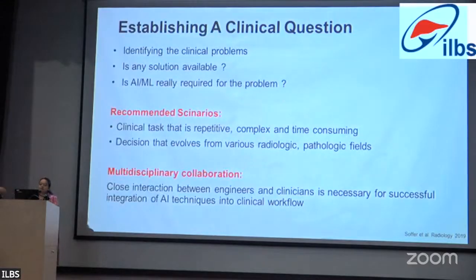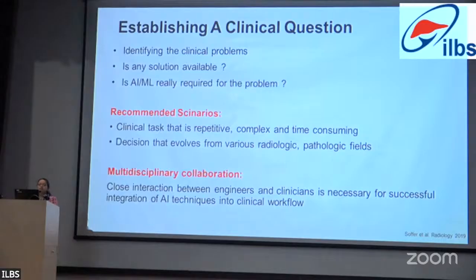First is the formulation of a clinical question. How will we identify a problem? What is the suitability of a clinical problem? Most of the time, when a clinical task is repetitive, complex and time consuming, then we will go for AI. Decisions that evolve from various radiology or pathological fields or other types of signal data are involved in decision making, for differential diagnosis, where multiple things are involved.